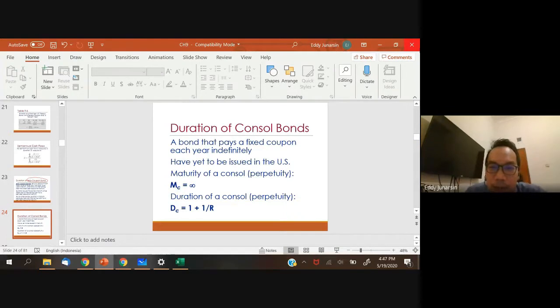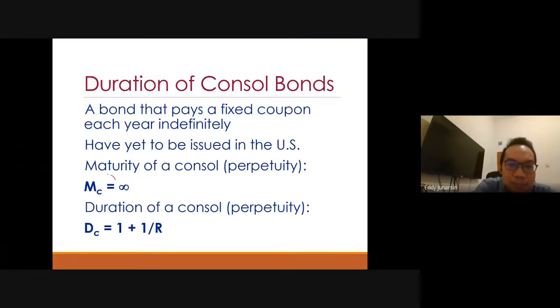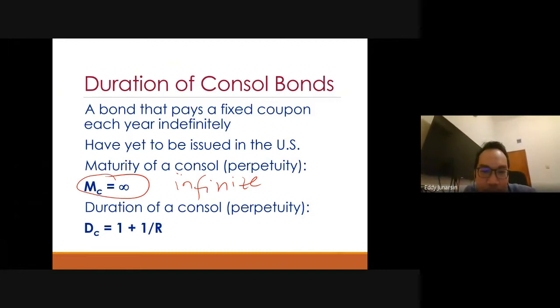So in this situation, console bond, you see, the maturity is infinite. We call it perpetual, right? No limit, no maturity, but we still can calculate the duration as 1 plus 1 divided by the market rate. So again, for the console bond, the maturity is perpetual, but the duration can be estimated as 1 plus 1 divided by market rate.